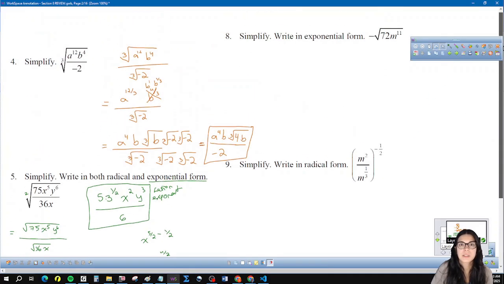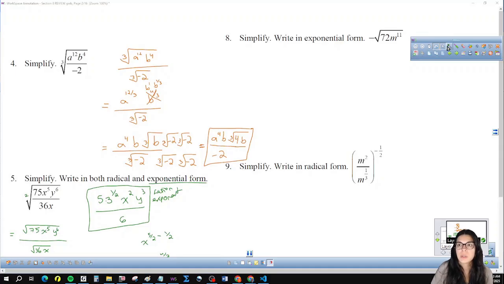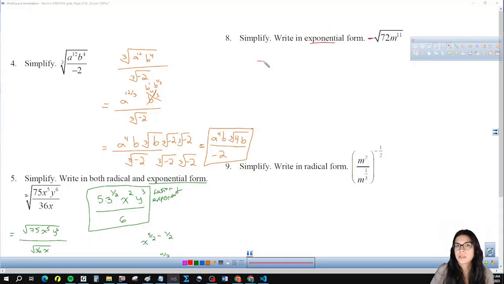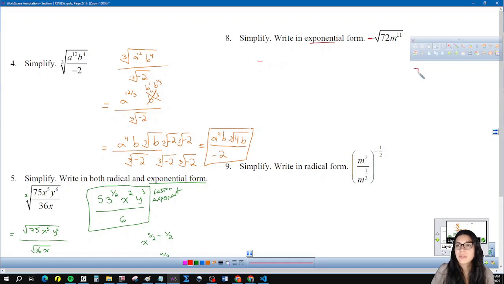Okay, let's move on to number 8. So on number 8, they're wanting us to simplify and write it in exponential form specifically. So we have here a negative, but it's on the outside of the radical. So that means that negative is just going to stay there the whole time. I have the 72, which is 36 times 2.